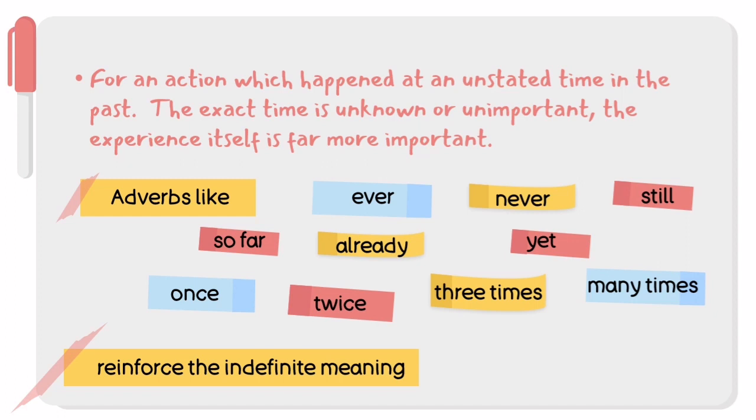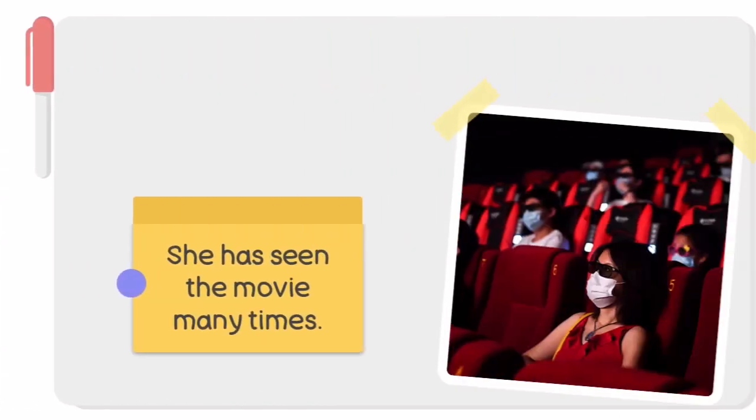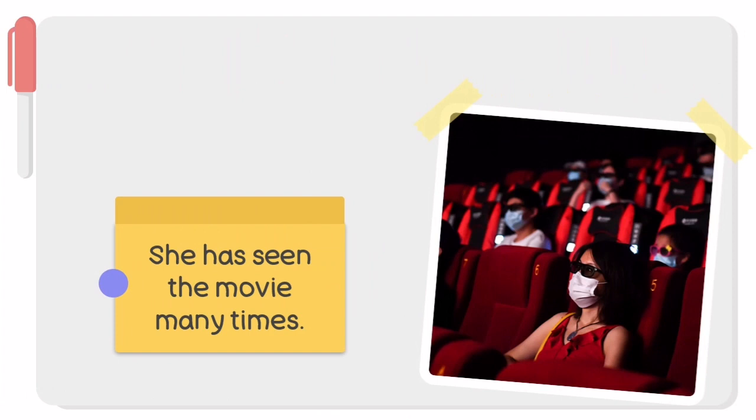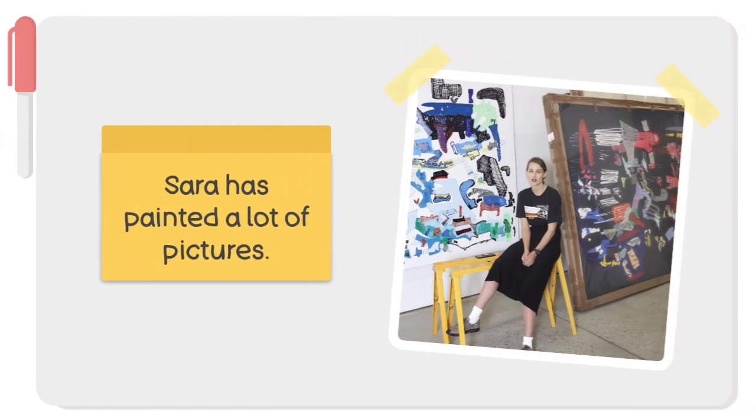Adverbs like ever, never, still, so far, already, yet, once, twice, three times, many times reinforce the indefinite meaning. For example, she has seen the movie many times. We do not know when. Sarah has painted a lot of pictures.